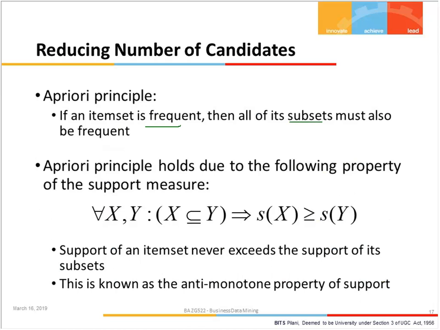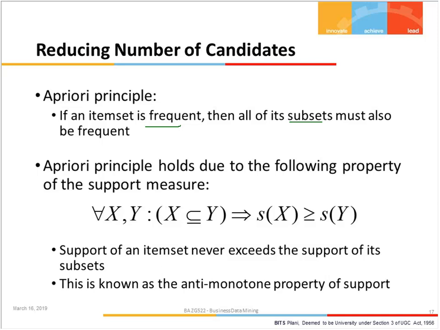If milk, bread, and butter are frequently bought, then obviously milk and bread are also frequently bought. Conversely, if X is a subset of Y, the support for X is greater than or equal to the support for Y, which means that if X is not frequent, Y can never be frequent. That is the simple Apriori property.